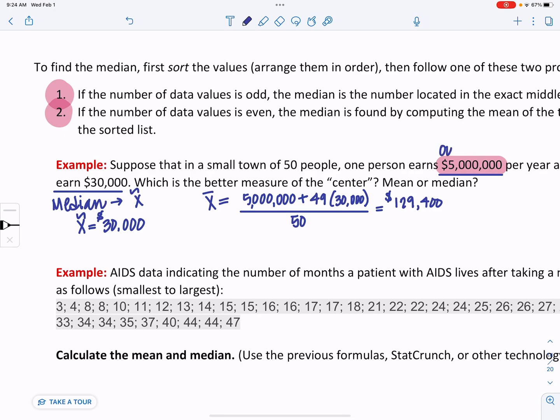This guy is definitely an outlier. So the median is definitely going to be a better measure of center because it more clearly represents the data.